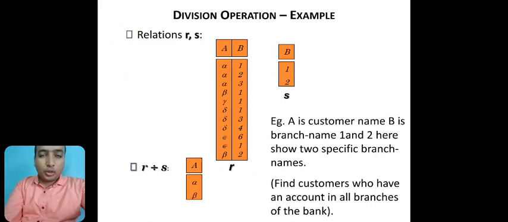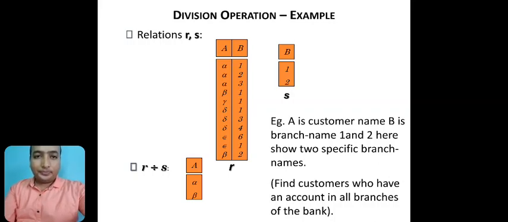So the output of this relation is that you are having the two tuples, that is your alpha and beta, because if you consider alpha and beta as your customer, both the customers have their account in the branch number 1 as well as in the branch number 2. And this is the ultimate execution of your division operation. So I think, dear students, you have understood this example wherein we have tried to understand how the division operation is going to occur in your relational algebra.